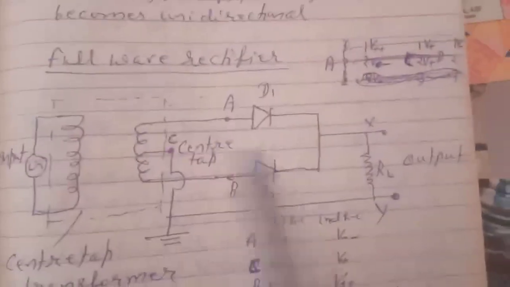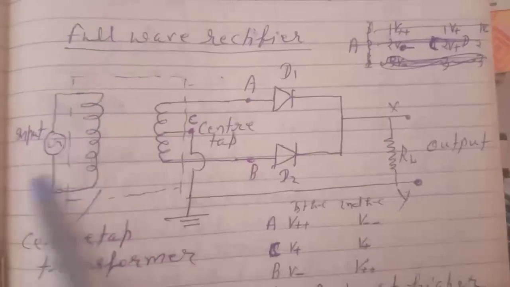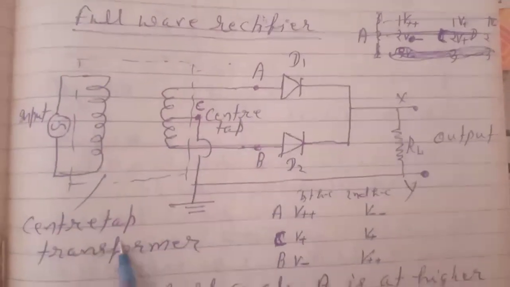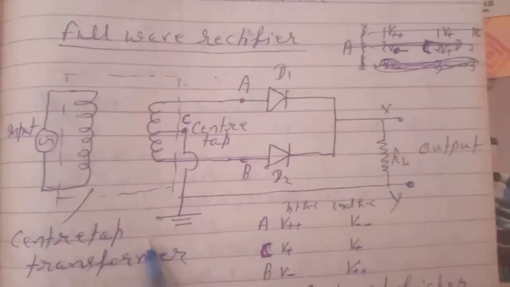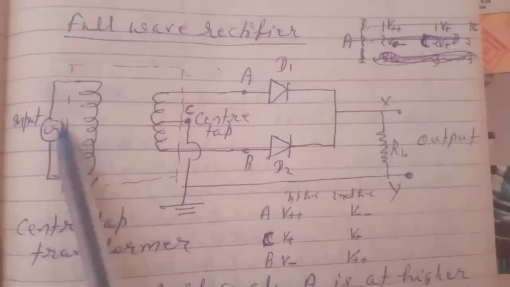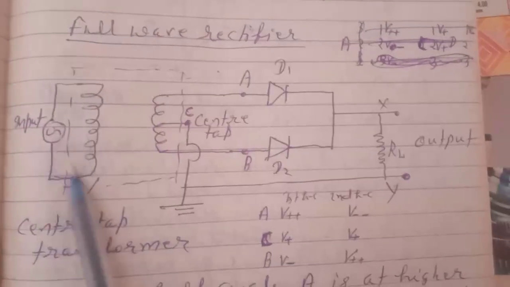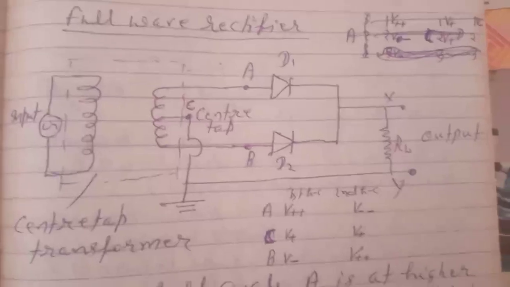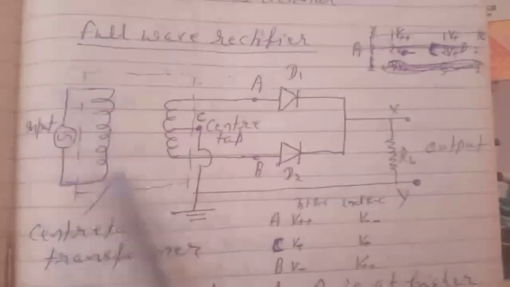Now let us see the full wave rectifier. The circuit diagram for the arrangement of a full wave rectifier is like this. This is a transformer, a center tap transformer, and here the input is given, because the input changes direction.